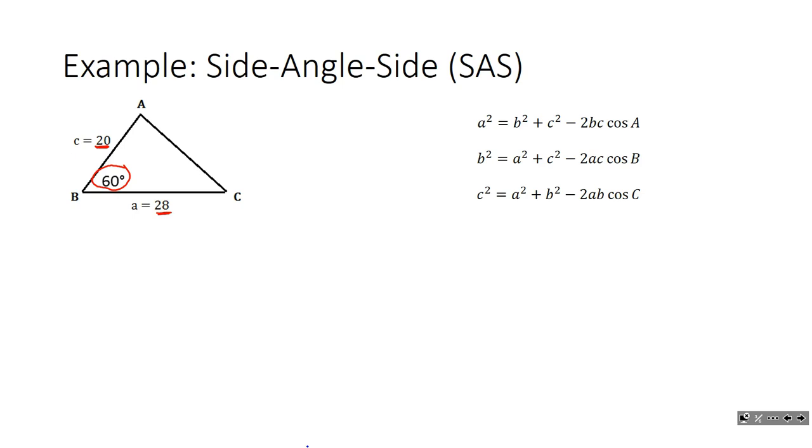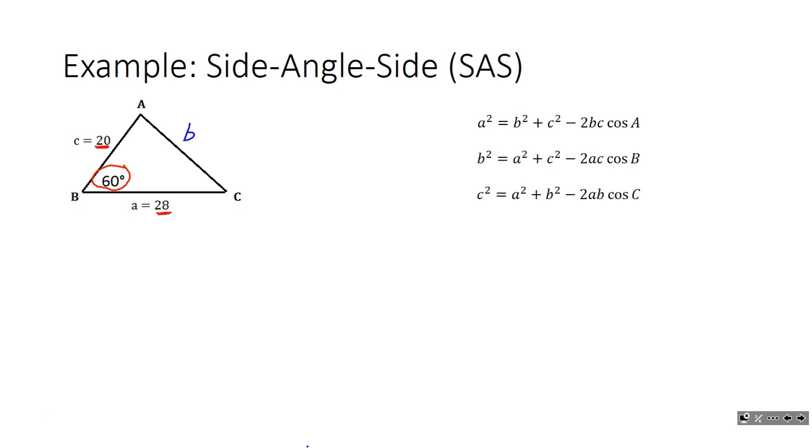So the angle that we know is between the two sides. Now suppose we tried to do this using the law of sines. Well, we'd have a problem. In order to work the law of sines, you need, in at least one of your fractions, to know the side and then its corresponding angle. Well, we don't know side B here. So law of sines just wouldn't do us any good.